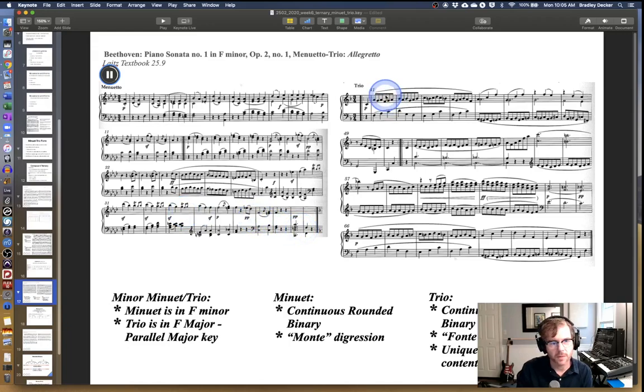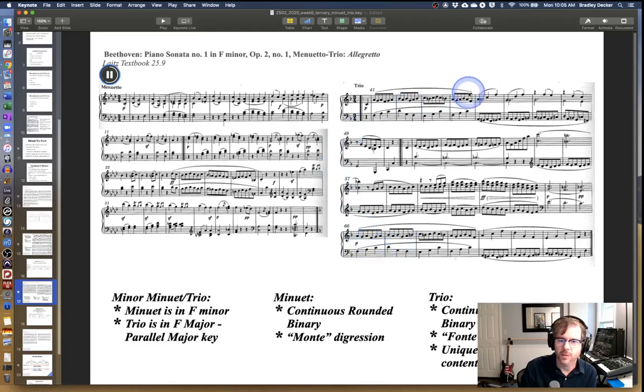Off to F major. Digression. With lots of extra notes. Half cadence.